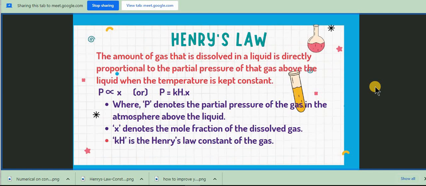The amount of gas that is dissolved in a liquid is directly proportional to the pressure of the gas above the liquid when the temperature is kept constant. So we need to keep the temperature constant because KH is a function of temperature, and P is the partial pressure of the gas above the liquid, X is the mole fraction of that gas, and KH is Henry constant.